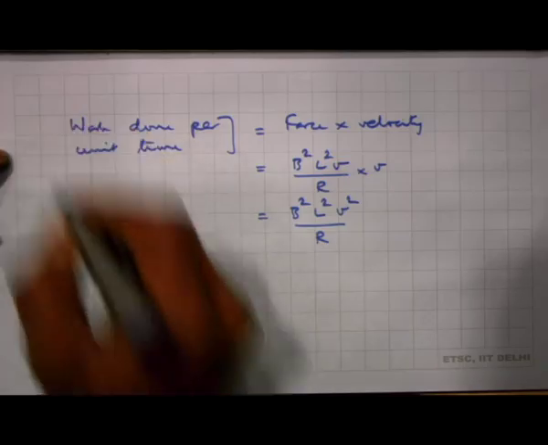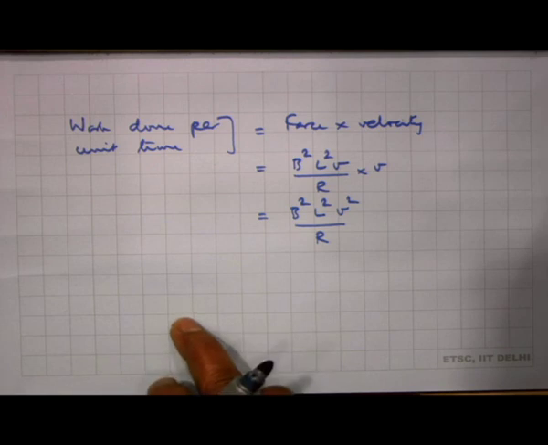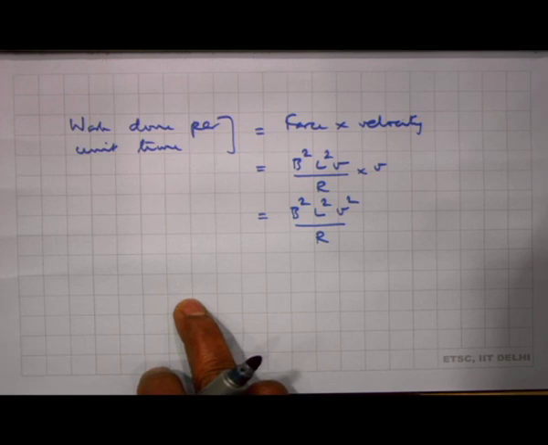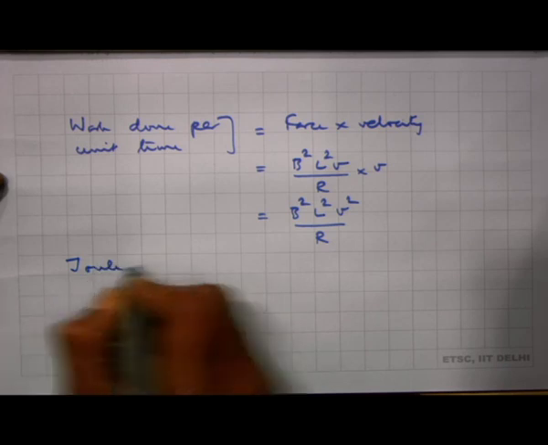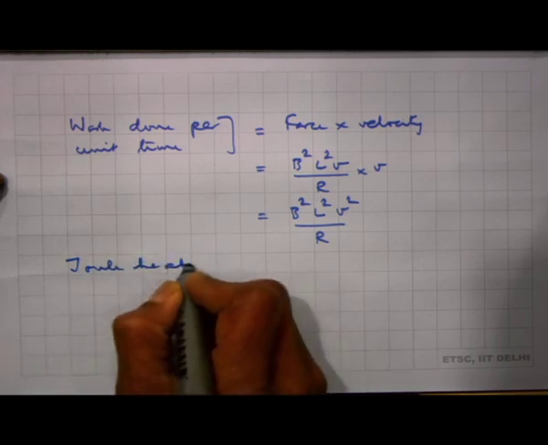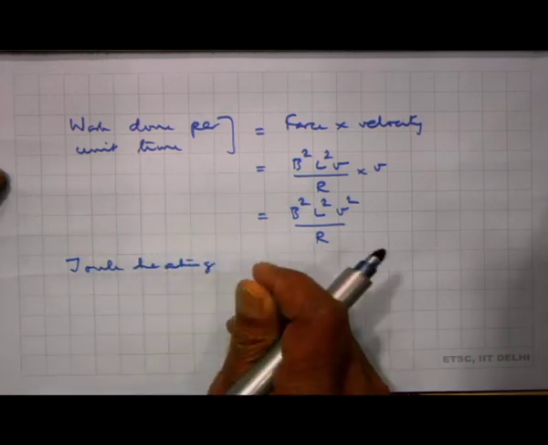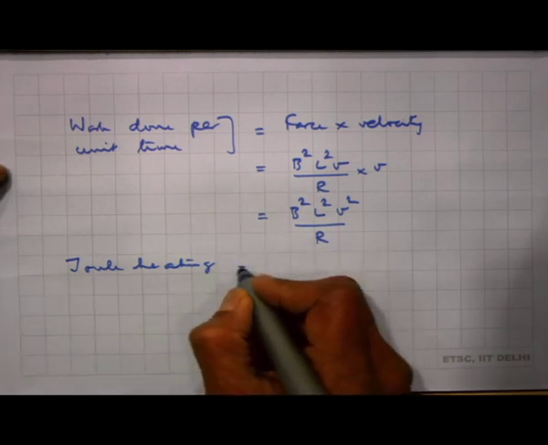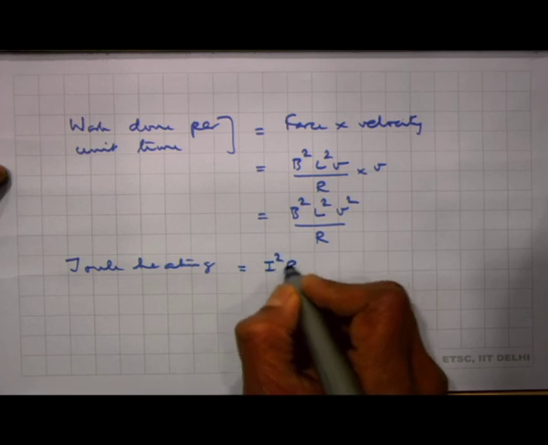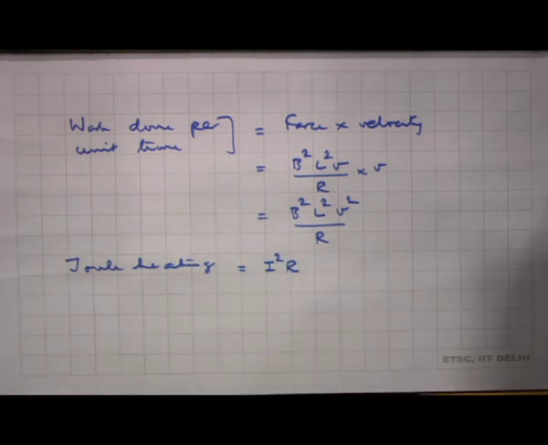Now, because there is a resistance in the circuit, if you have a current I passing through a resistance, we have seen that there is Joule heating. That means, if you have a current I in a resistance R, the power consumed is I square R, square of the current into resistance.